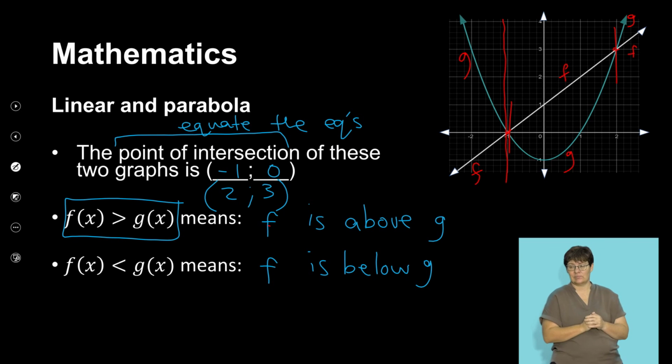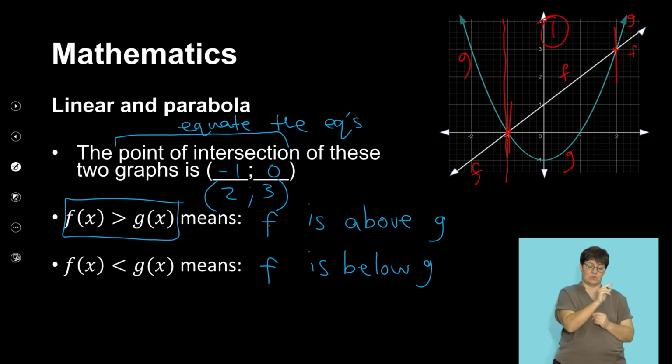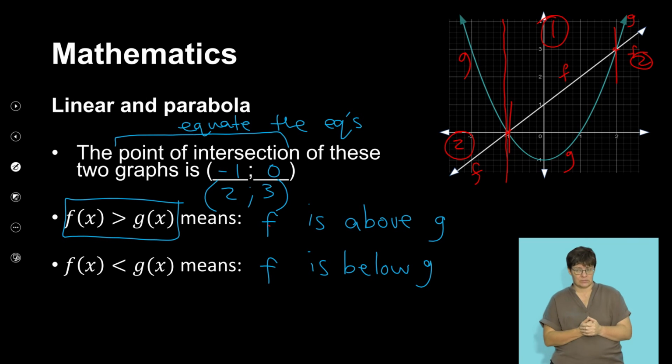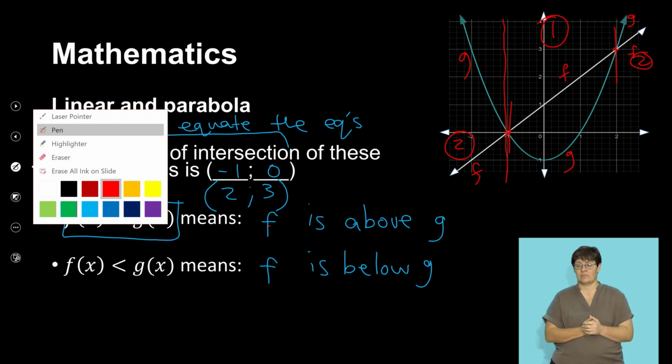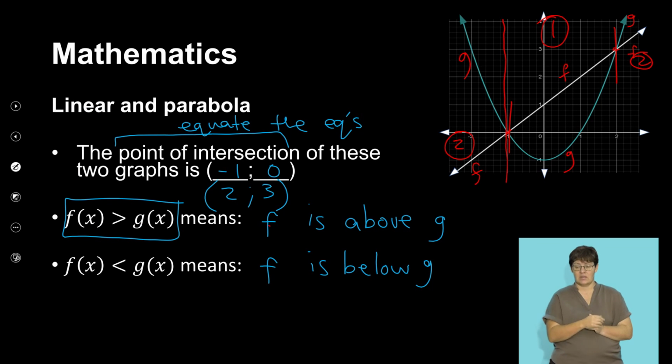With the second one, where f is below, it means that it will be wherever I didn't say it works. So this is number 1, and this will be for number 2. How do I write that solution? For this first one, x must be trapped between minus 1 and 2.